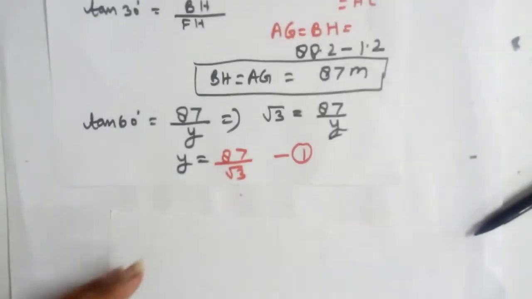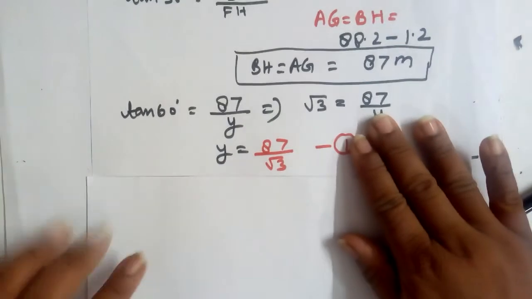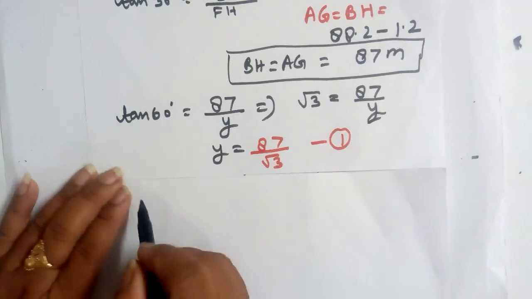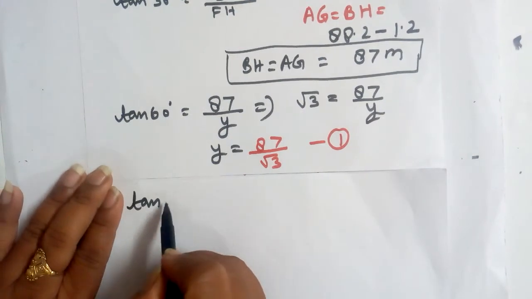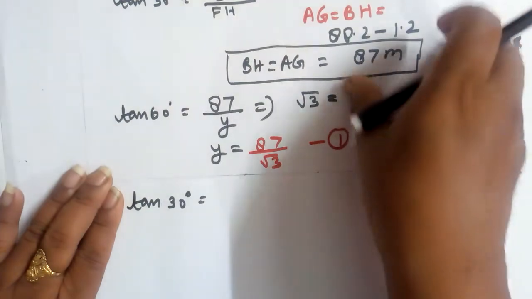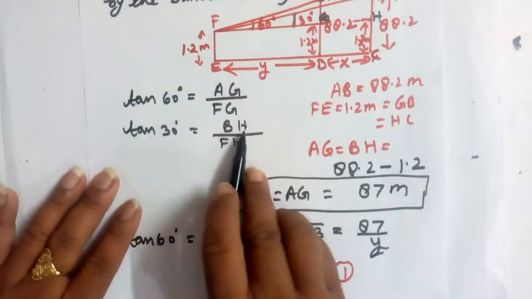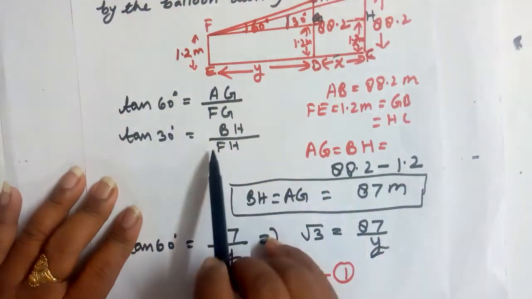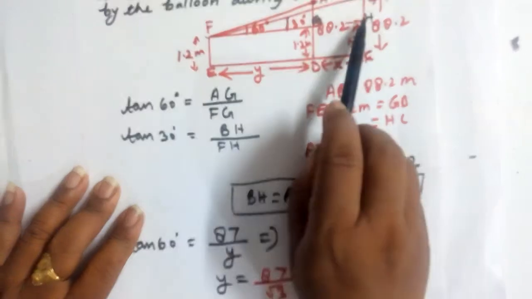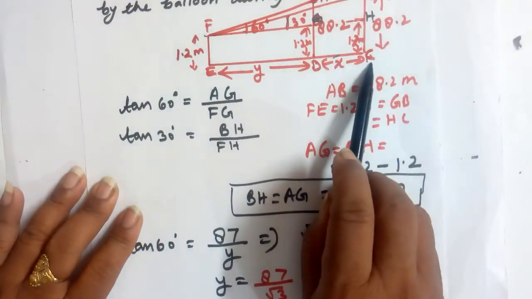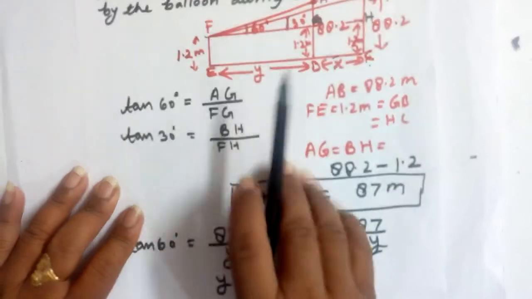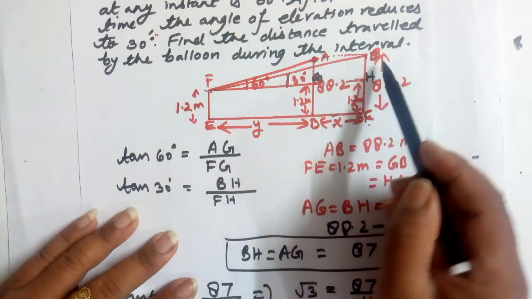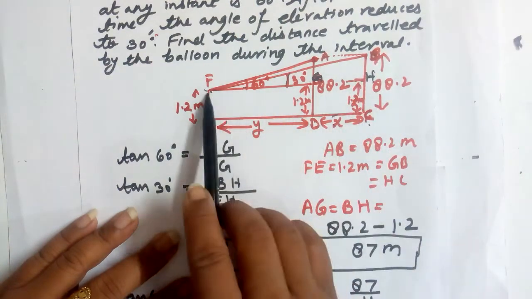Now, if we have to see about the tan 30 degrees, it is equal to BH upon FH, complete FH. FH is equal to EC, that is X plus Y. Tan 30 is equal to BH upon FH, means this height upon this height, and this complete.